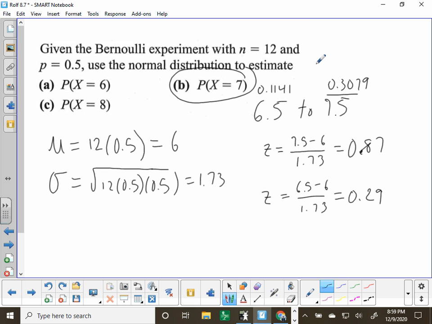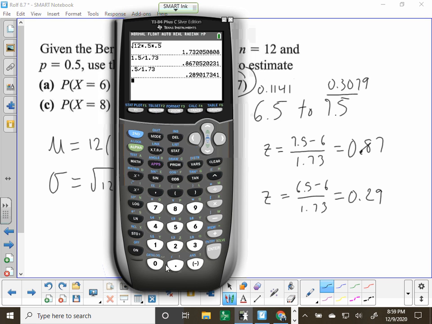So it's 3079 minus 1141. It's just easier to subtract them without the decimal points. So 0.1938.